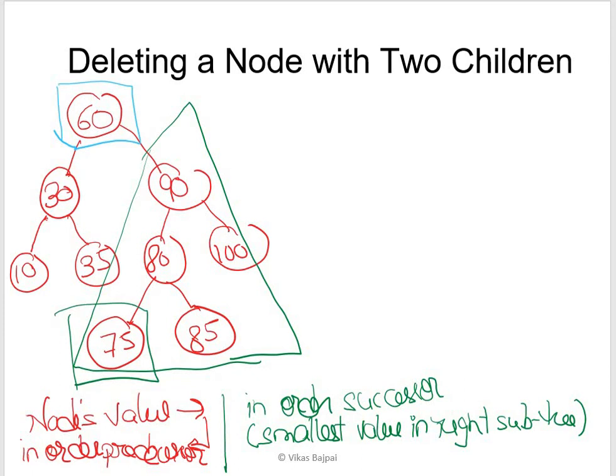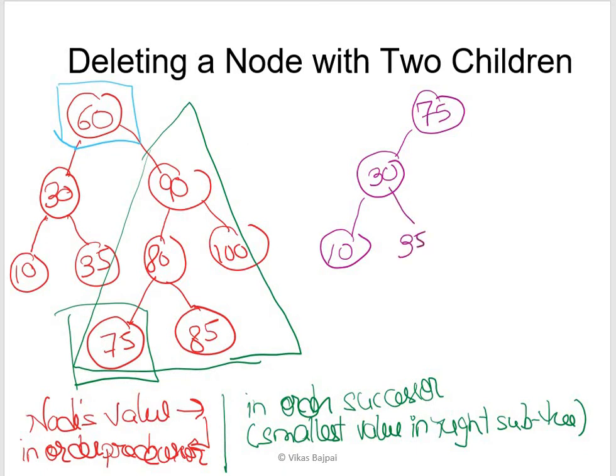So how my tree is going to look like: 75 on this end, 30 remains intact, 10 remains intact, 35 remains intact, this entire portion remains intact, 80 comes here, 100 comes here.